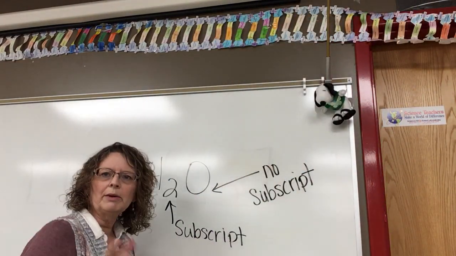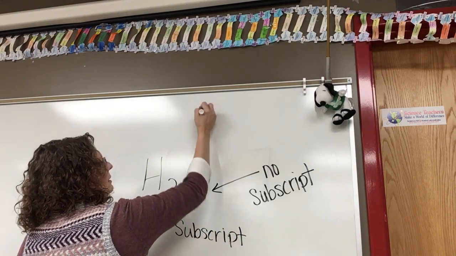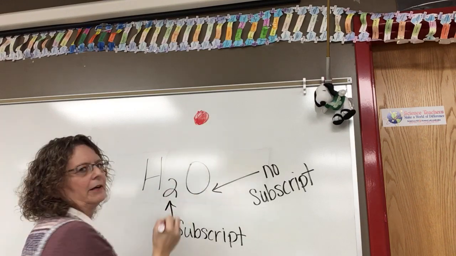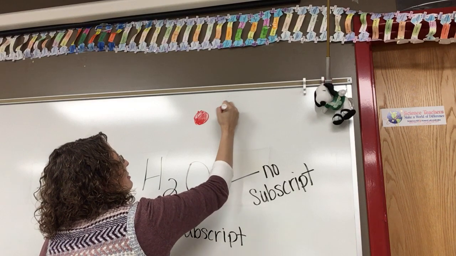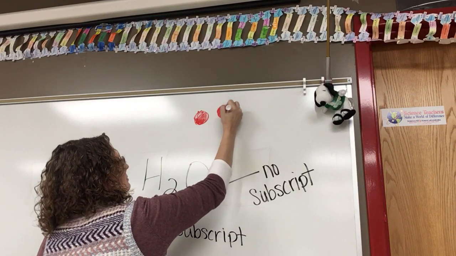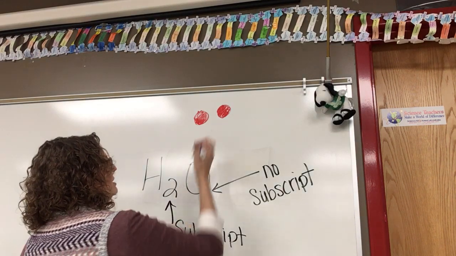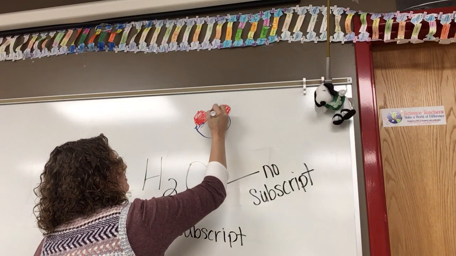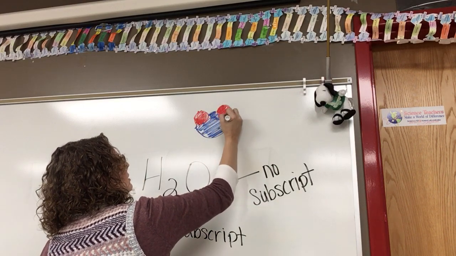What I was going to do was show you, this circle will represent a hydrogen, and this circle will represent another hydrogen, and then this circle is going to represent oxygen, and I overlap them to represent that they are bonded. They're connected together.